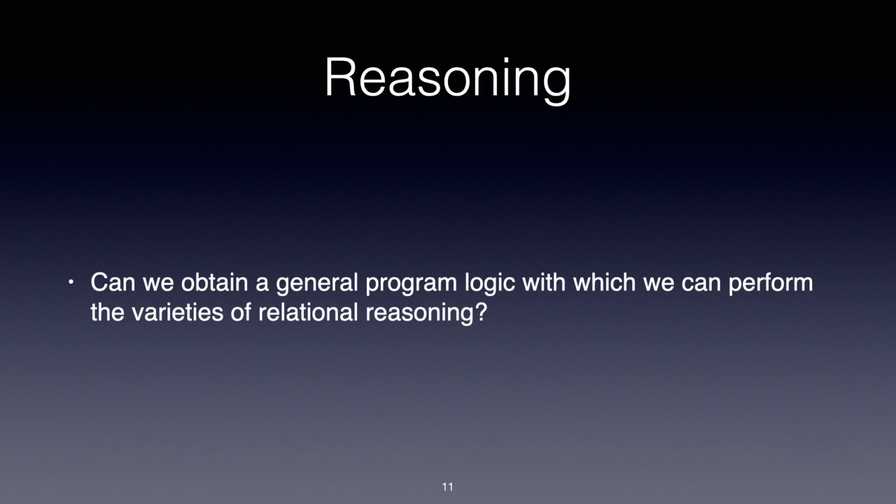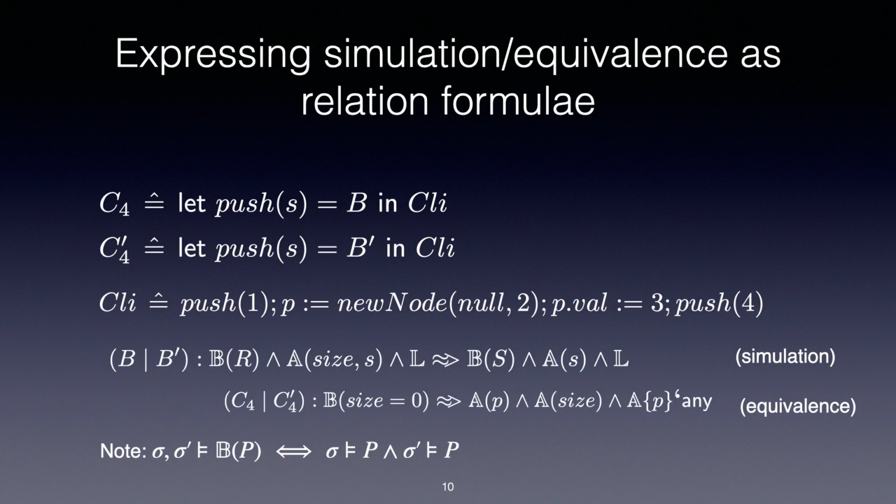The simulation says that for the two bodies B and B dash, remember that diagram, the initial states were related by L, and the final states are going to be related by L. In this formula, that is depicted by the preservation of L.